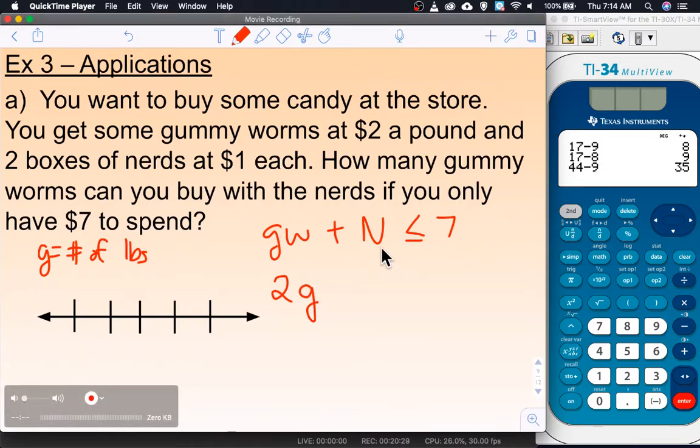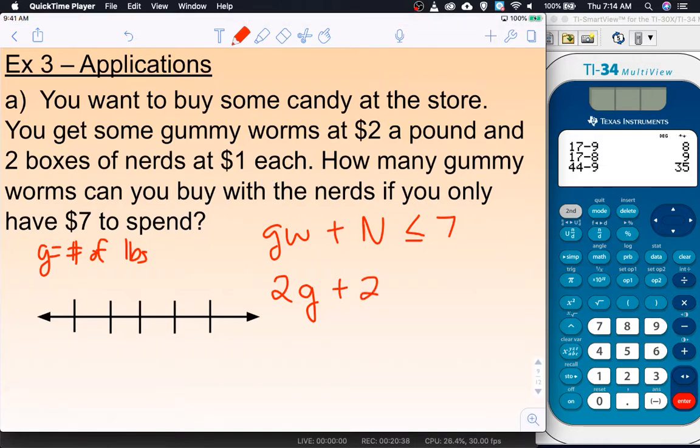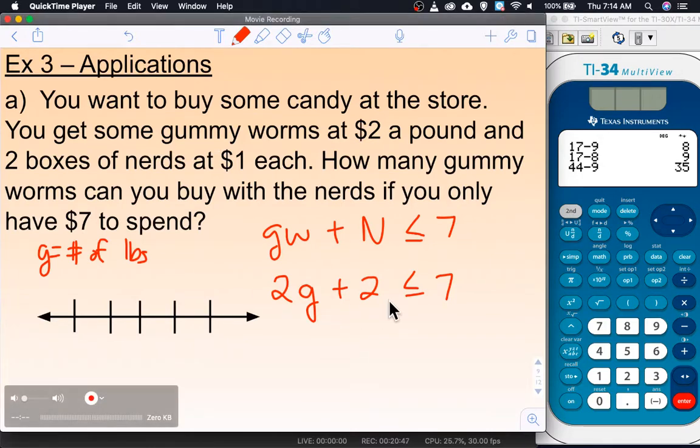N, it says, was the nerds, and you bought 2 boxes of nerds at $1 each. Okay, well that's just $2 in nerds. Boom! Now we've got ourselves an inequality. So this is the inequality that would match that.